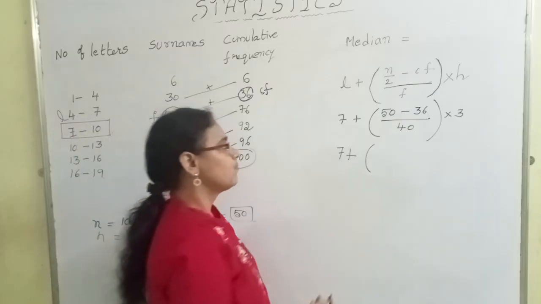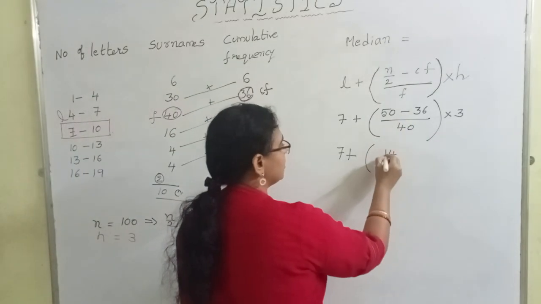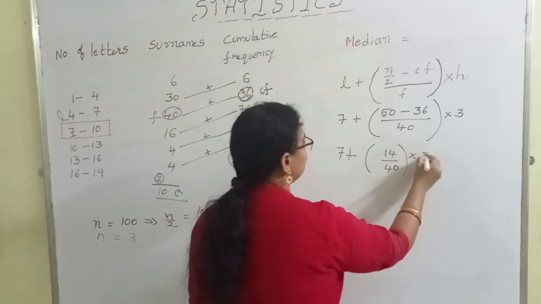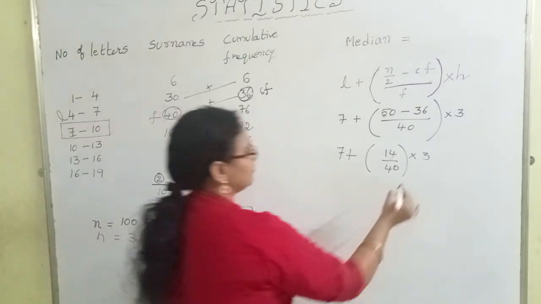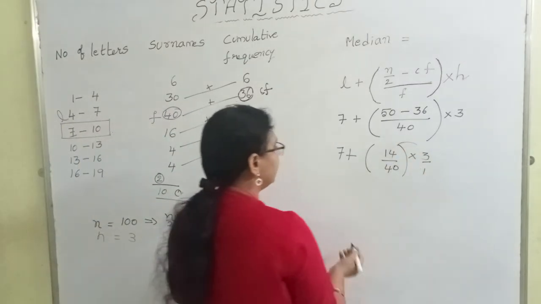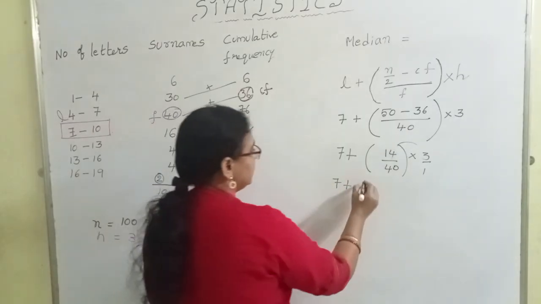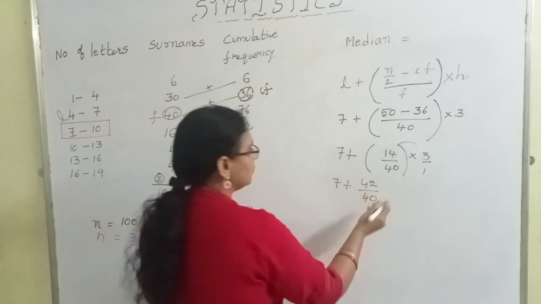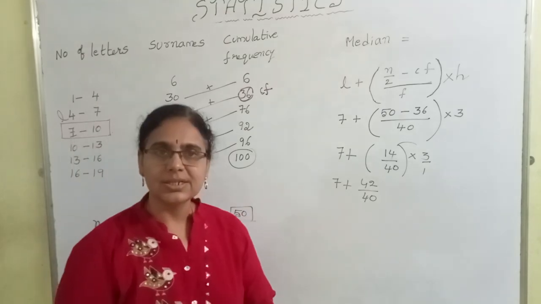How much? It's 14. 10 minus 6 is 4. 4 minus 3 is 1. 14 by 40 into 3. Okay, into 3. Now multiply numerators, multiply denominators. 7 plus 14 threes are 42 by 40. Do you have any chance for cancellations? Cancel it. Did you observe any cancellations? It's clear.